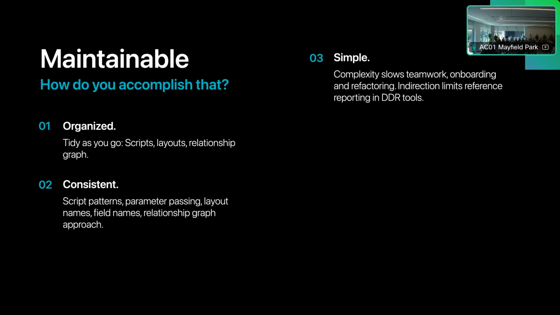These DDR reports that I talk about, that let you say what sets this field, are relying on the fact that there's a reference to that field in your code. But you can build code that uses indirection, where instead of saying Set Field, you say Set Field by Name. And when you do that, again, I want to talk about trade-offs.